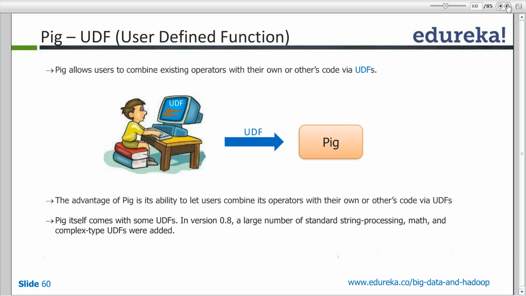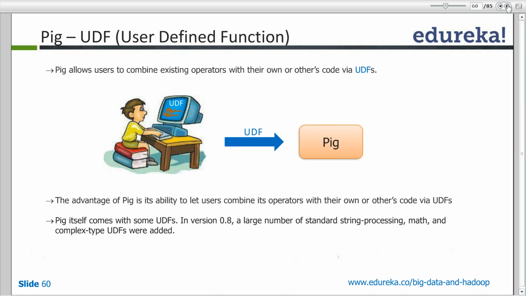Now the best thing with Pig, so it's not about Pig, it's about the Apache community. What the Apache community did is, it created lots of UDFs. UDFs we can write on our own, right? You just have to open Eclipse, and you can write a UDF in Java. There are lots of people who have already written some UDFs.